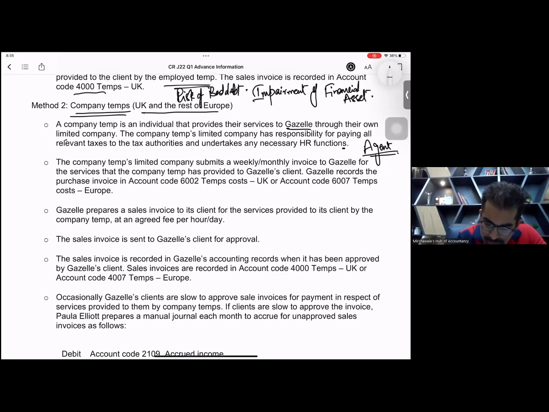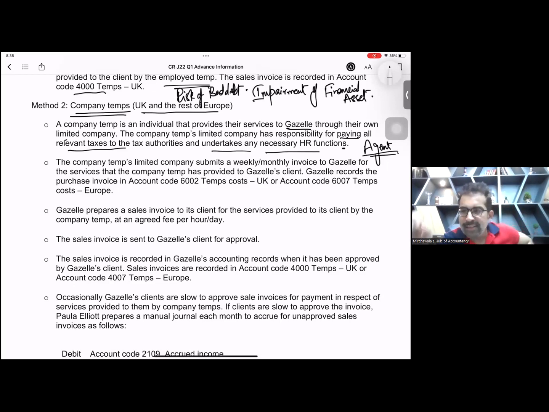Now the company temp's limited company has responsibility for paying all relevant taxes to the tax authorities. So in that case, this is not our headache. NICs, tax pay and all, this is not our responsibility. No employment laws, we are not responsible. Risk is less.